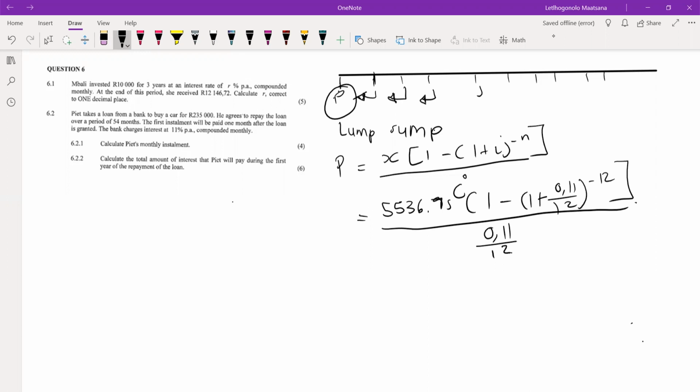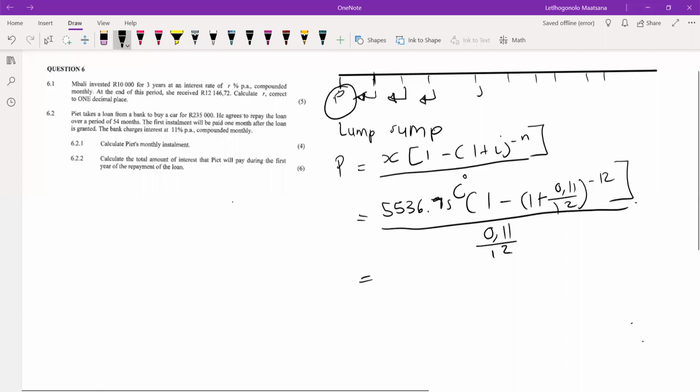Now this is the lump sum that we are calculating. And we get a lump sum of 62,648.18. That's the lump sum that he's going to pay.